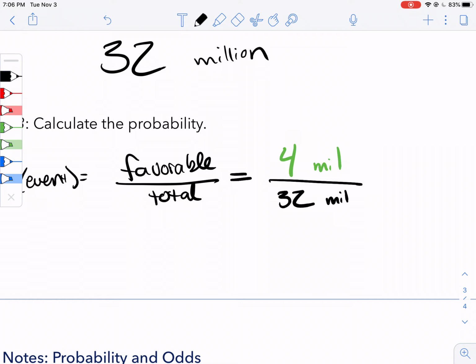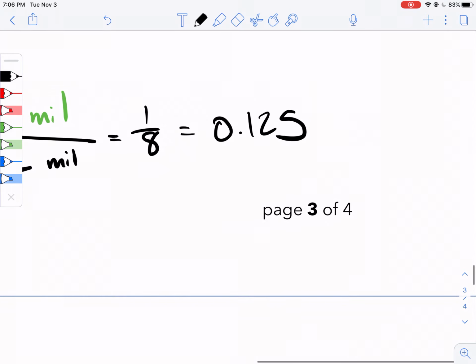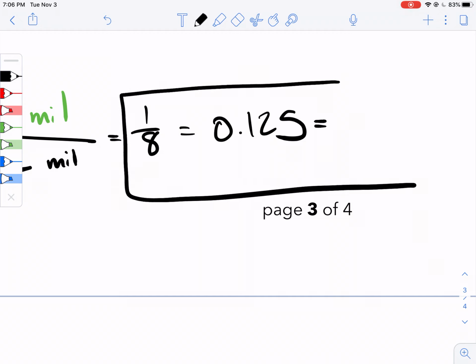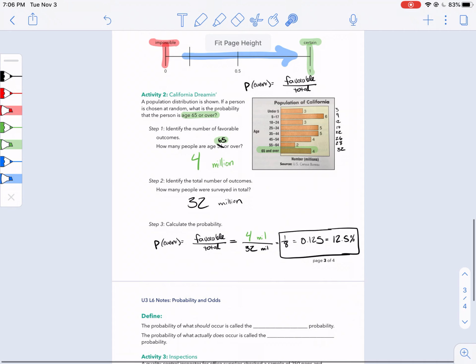When we do that, that works out to 1/8, which is equal to 0.125. I will accept any of these as an answer, but my favorite is as a percent. 12.5% of the population is 65 or over.